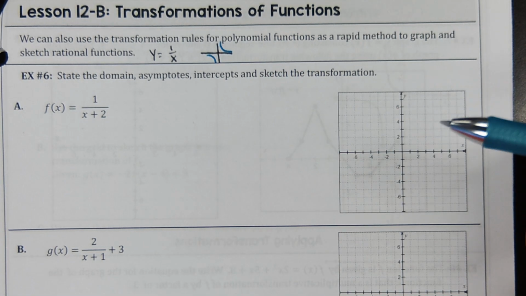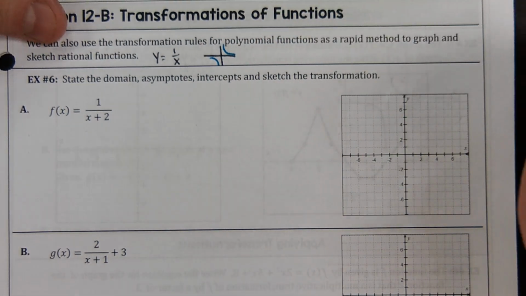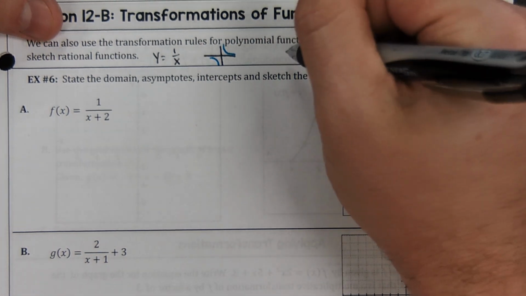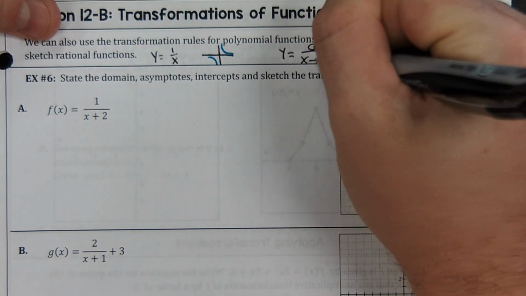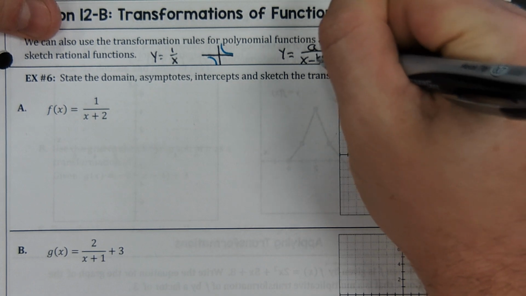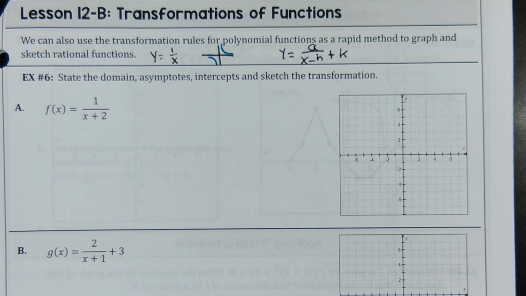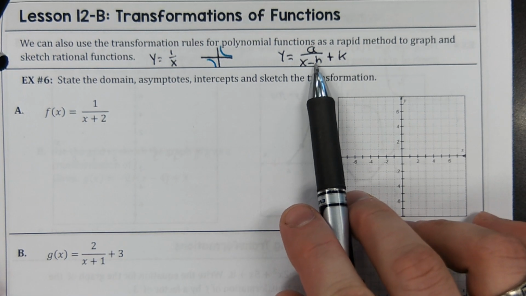All right. Standard form of a rational function that is linear looks like this. This is the quote-unquote inside, because this is where the x's are.